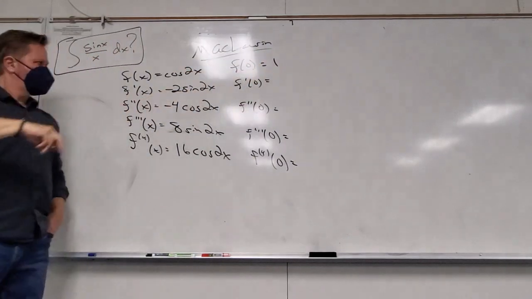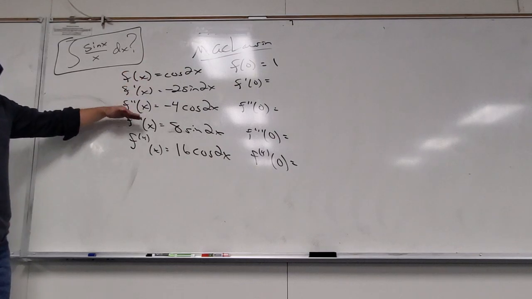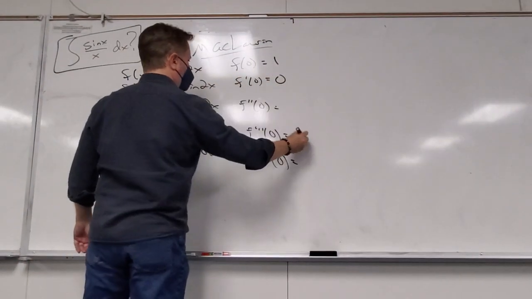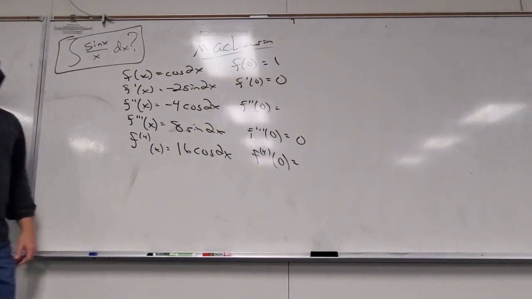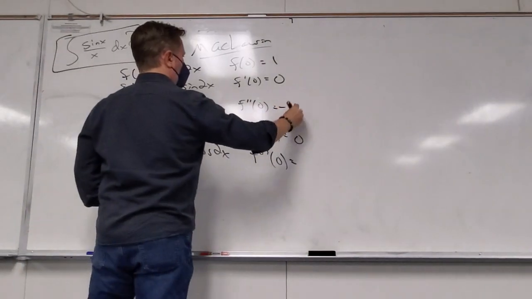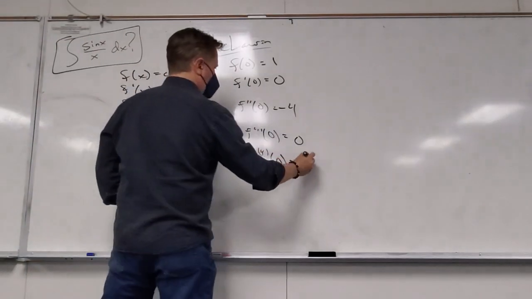Cosine of 0 is 1. What is going to be true about every odd derivative? It's going to be 0, because sine of 0 is 0. What's the second derivative evaluated at 0? Negative 4. Fourth derivative evaluated at 0, 16.